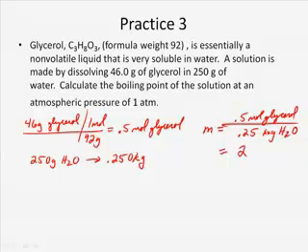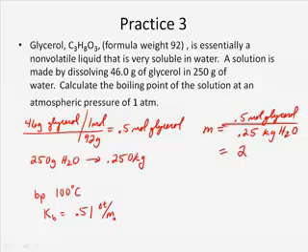So my normal boiling point, since we're at 1 atmosphere, is 100 degrees Celsius, because water is our solvent. And then for water, if you look that up, our Kb is 0.51, and the units on that are delta T per molal. All right, glycerol is a non-electrolyte, so we get 1 glycerol molecule per 1 unit.